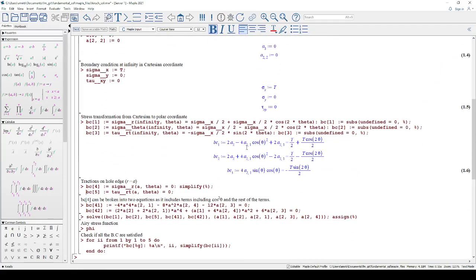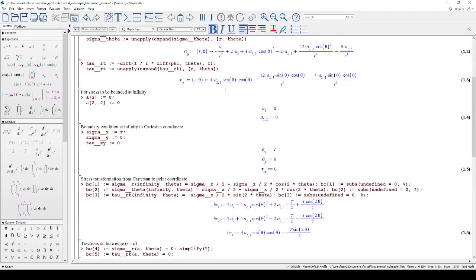So I have these coordinate systems here, and these transferred stresses. I also did another kind of operation because at some of the points Maple used infinity instead of r.